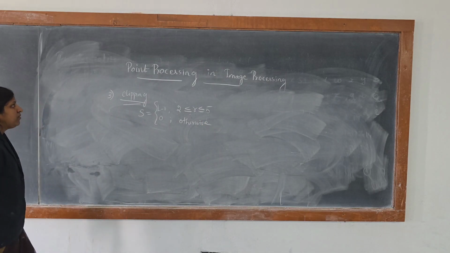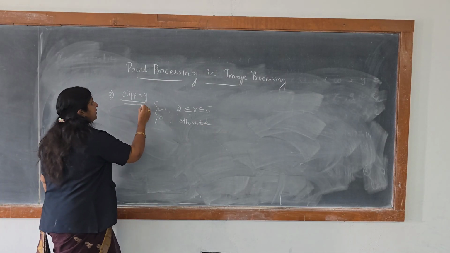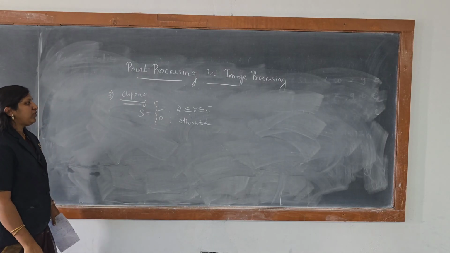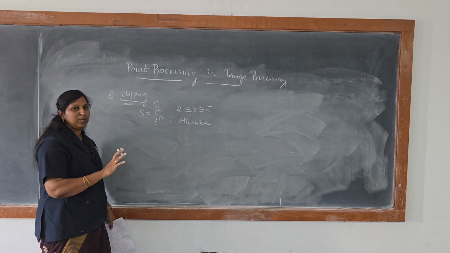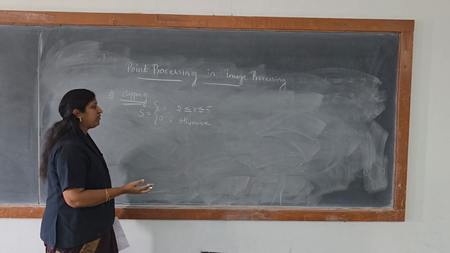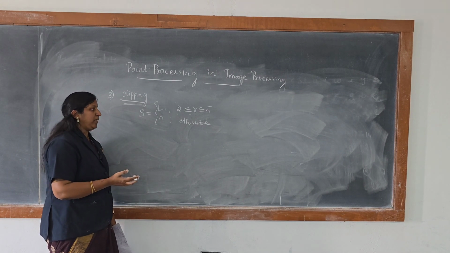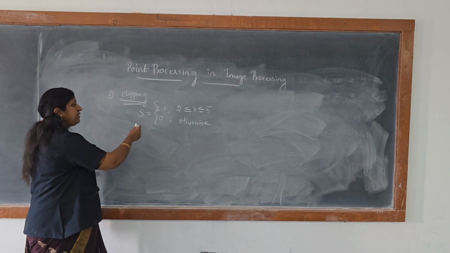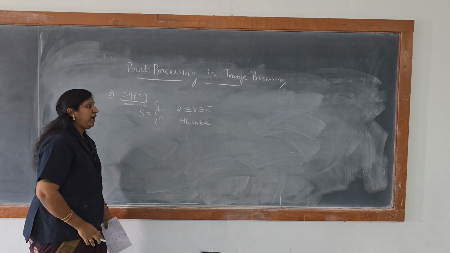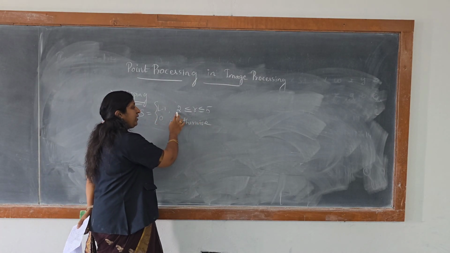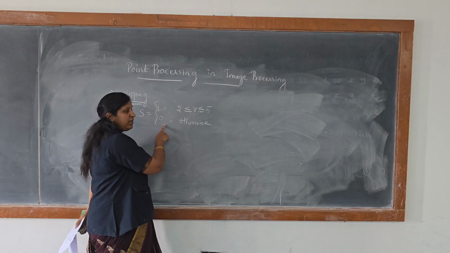Clipping is also a type of point processing. Here also we are doing some modification over the pixel values of the input image, and finally we will get the modified output image. So the relation here is S is equal to L minus 1 if R ranges from 2 to 5, otherwise 0.